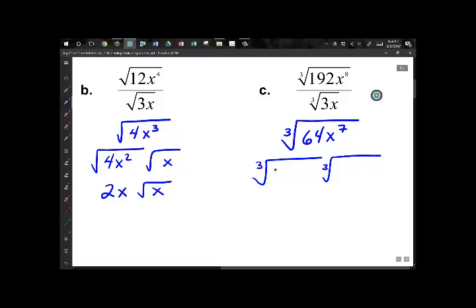Well, 64, as you know, is a perfect cube. It is 4 cubed, and x to the 6th is the perfect cube right below x to the 7th, leaving us with one single x left under the radical sign. We now take the cube root, which would give us a 4, divide the x to the 6th by 3, and we get x squared with a leftover cube root of x.